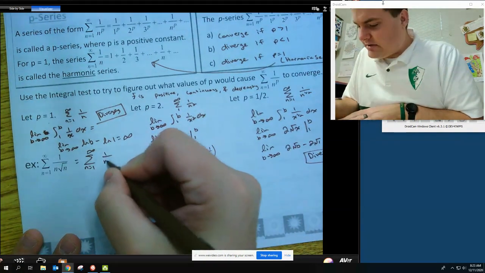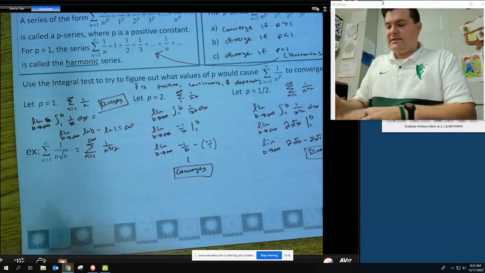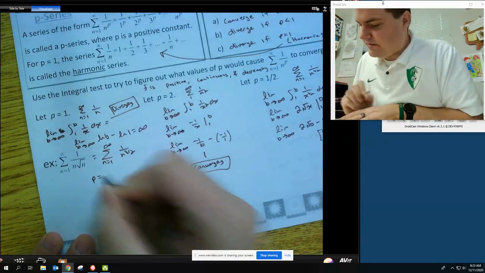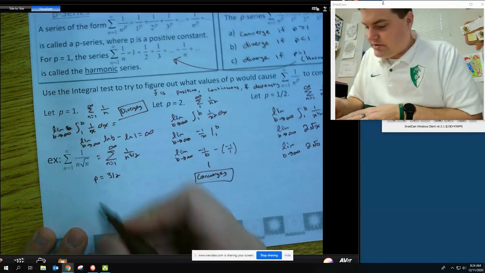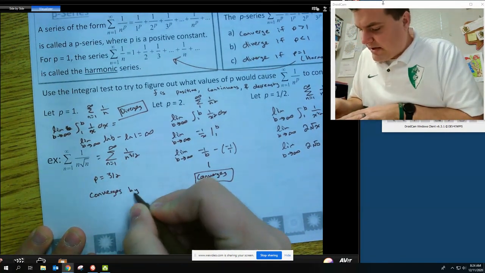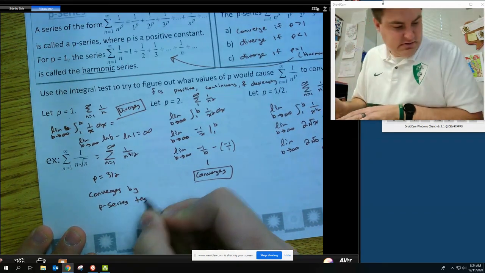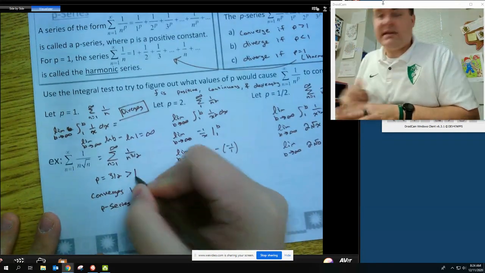This is really 1 over n to the 3/2, because it's n times root n. So this is going to converge because p is equal to 3/2. This is the work you need to show. So this converges by the p-series test. And that works because p is larger than 1.